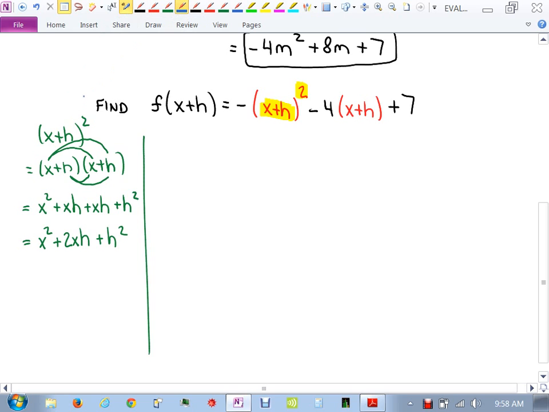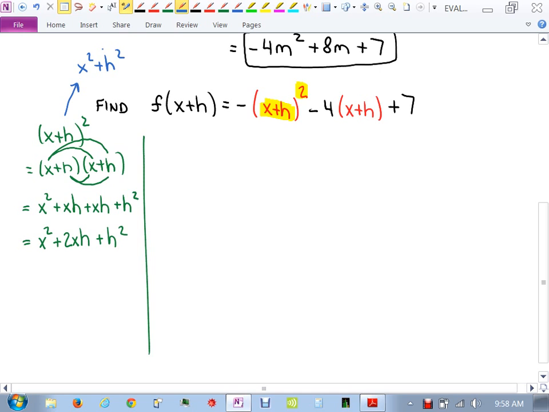This is how you lose a lot of points on a test, is taking that and saying it's x squared plus h squared. That's just a common mistake, but it's a mistake that you can't make in this class. Later on, we're going to be doing lots of things with that, and if you mess that up early in the problem, everything after that's going to be wrong. So be careful with that.